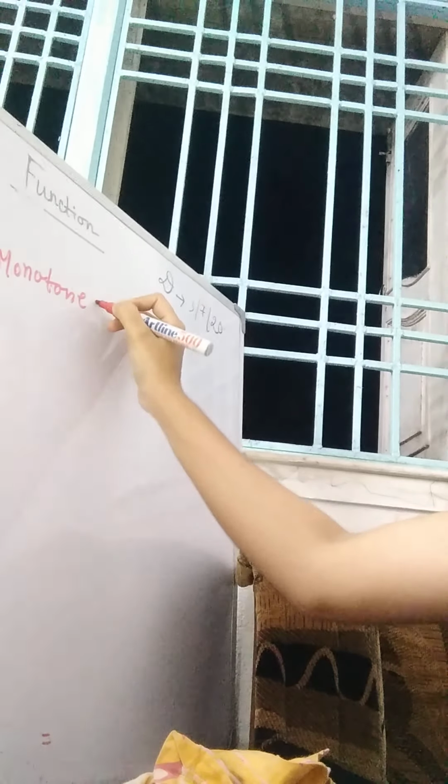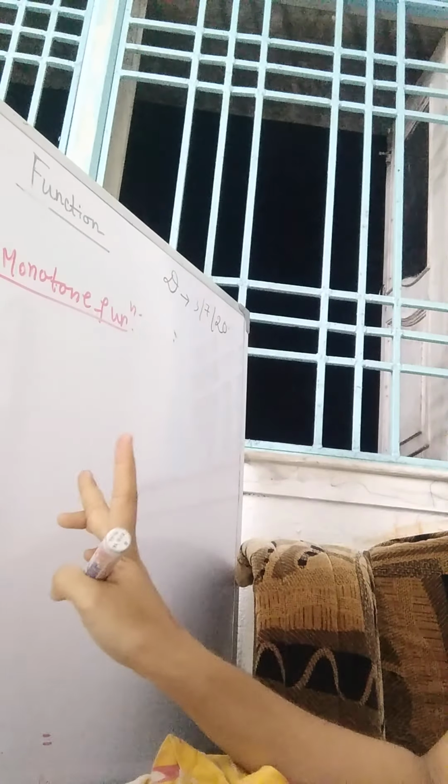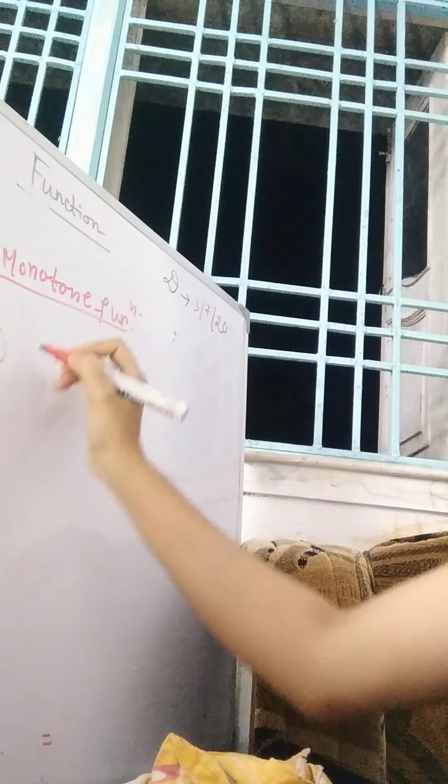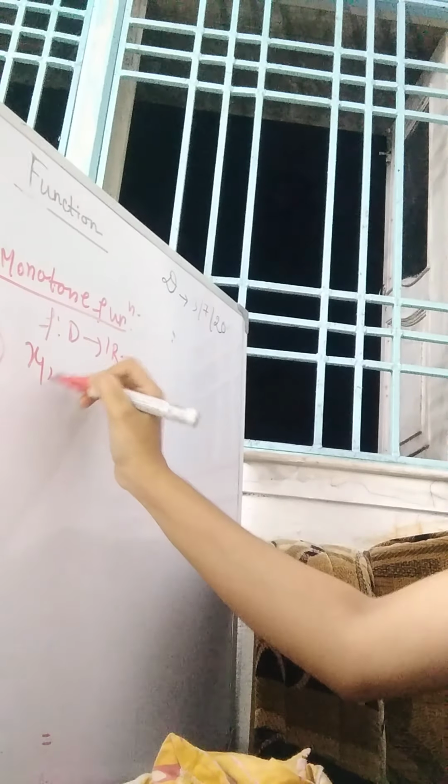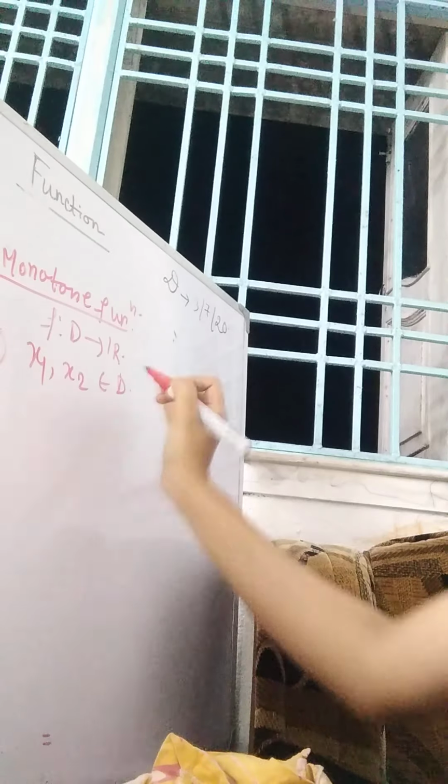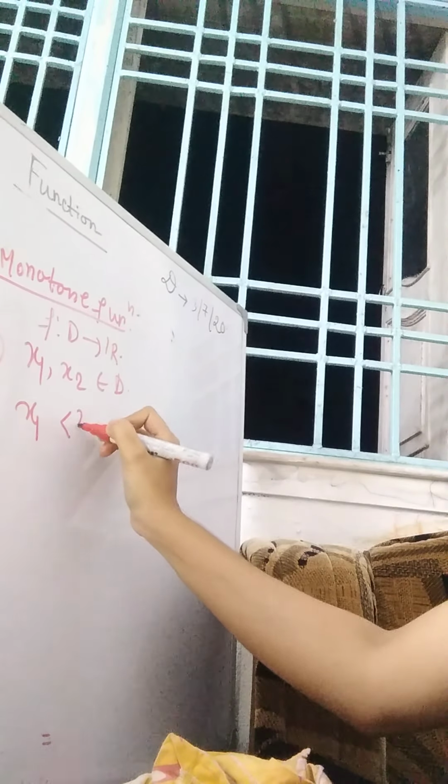Now the last topic, the seventh topic, is the monotone function. There are two types of monotone function: monotone increasing and monotone decreasing. First of all, you have to define a function f from D to R, where x1, x2 belong to D and x1 is less than x2.